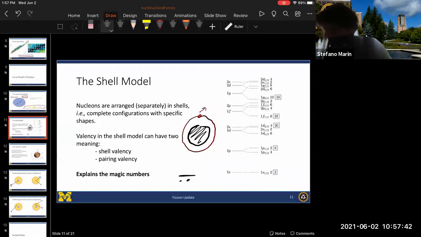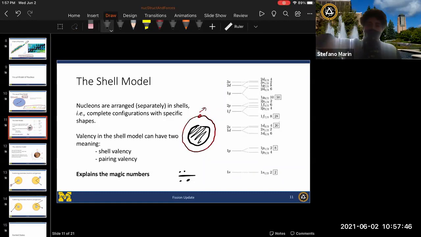Then in order to get to the next shell, it's not enough for me to add two more, because now these two are going to orbit around the first two, and this orbit is going to need to have many more protons in order to completely fill the configurations that are possible.